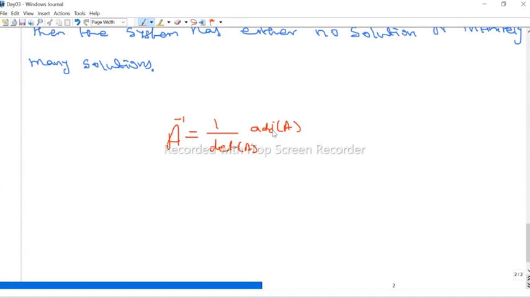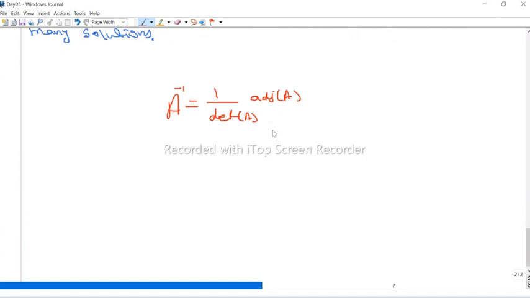Now maybe I can write some properties of determinant. Suppose in a matrix two rows are identical or one row is zero, the determinant is always zero.